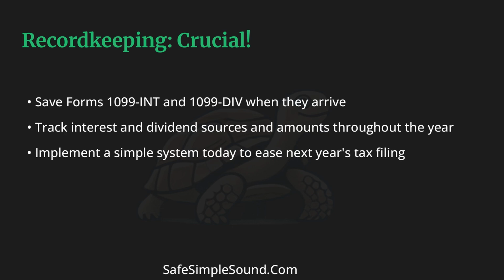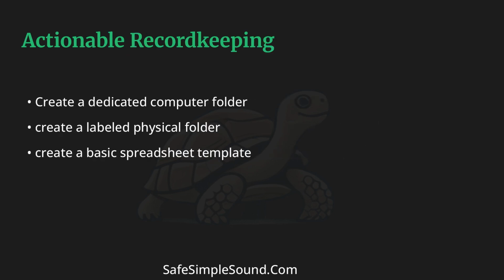Maybe you update a simple spreadsheet once a quarter. Just pause and think about this for a second. What simple system could you implement today, like right after listening to this podcast, to make tracking your interest and dividend income significantly easier for next year's tax filing? Could it be a dedicated folder on your computer, a specific labeled physical folder, a basic spreadsheet template?